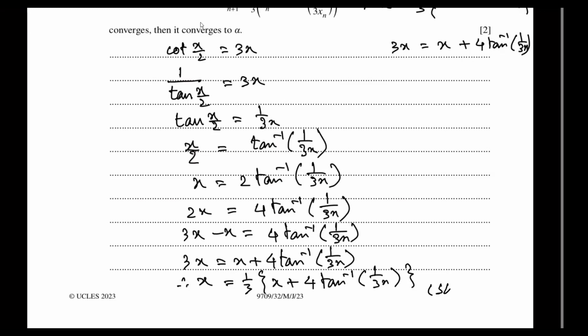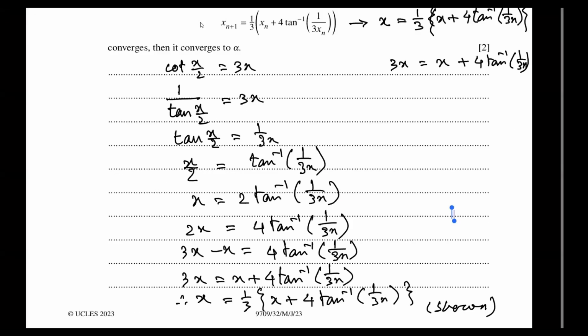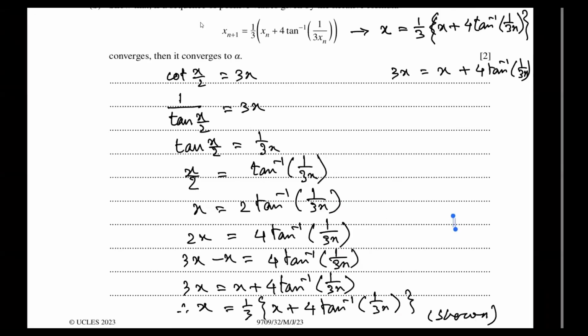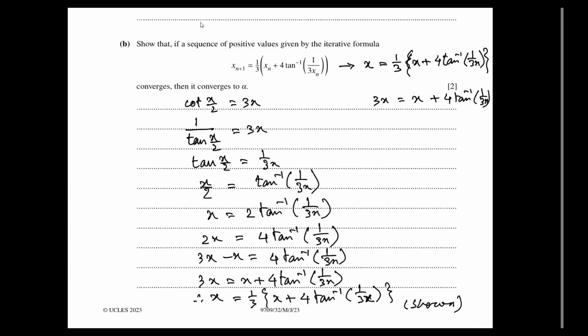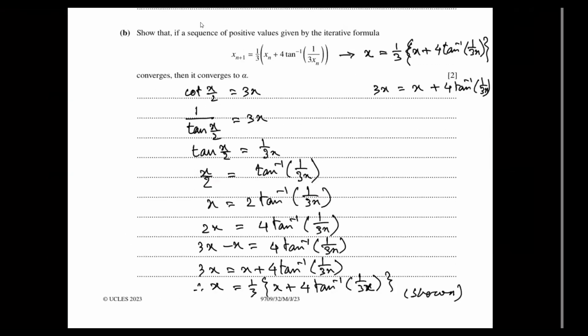You don't need to write any more words here. That's enough. Then we have used this as the iterative formula by changing the x on the left hand side to xn plus 1 and the x on the right hand side to xn. That will be the iterative formula. Okay, that's question number 6b. Let's move on to the next part.